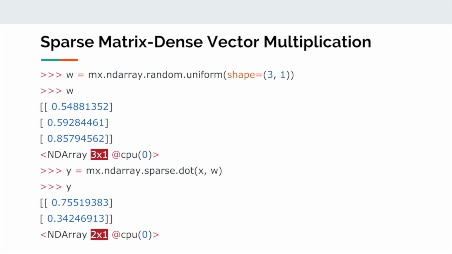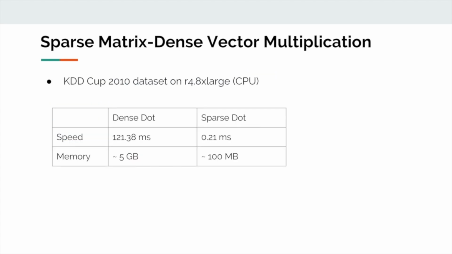In case you are curious how fast it is, here's some benchmark results. So we did some benchmarks on the KDD dataset. This is a dataset with 20 million features, and for each example there are only a few non-zeros.